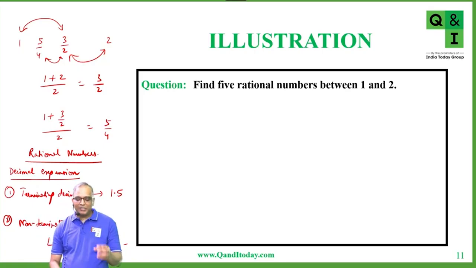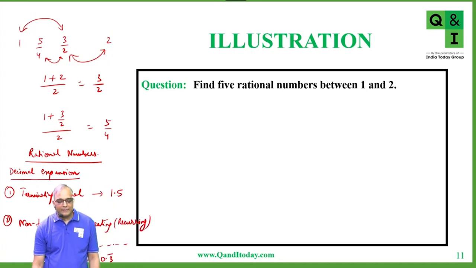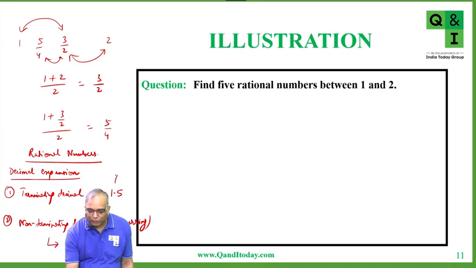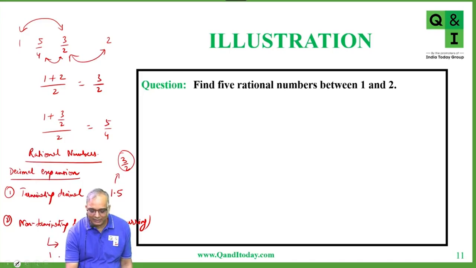So non-terminating and repeating can also be called recurring. So 1.5, if you write it in p by q form, will be 3 by 2, and 0.3 bar is nothing but 1 by 3.